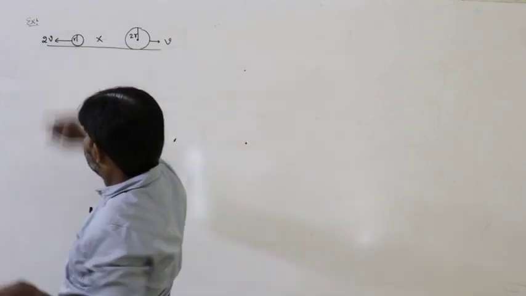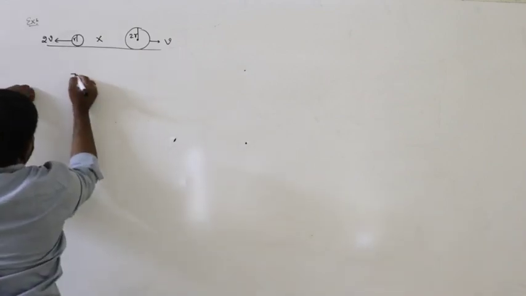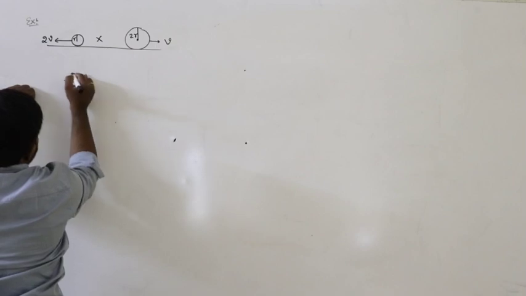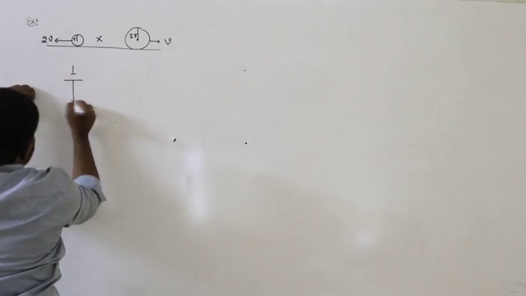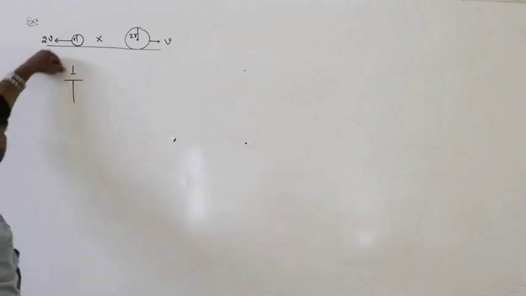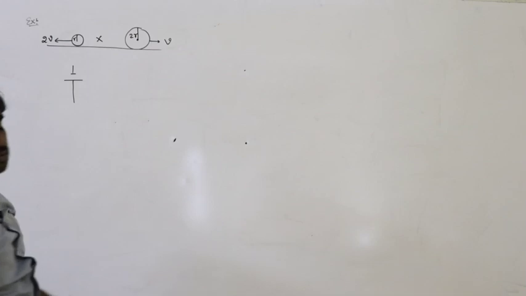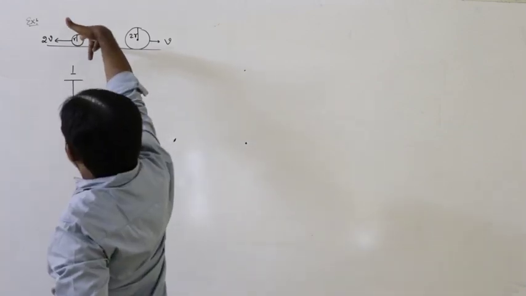That is negative to positive. So if this diameter acts as a battery, the upper terminal acts as negative and the lower terminal acts as positive.